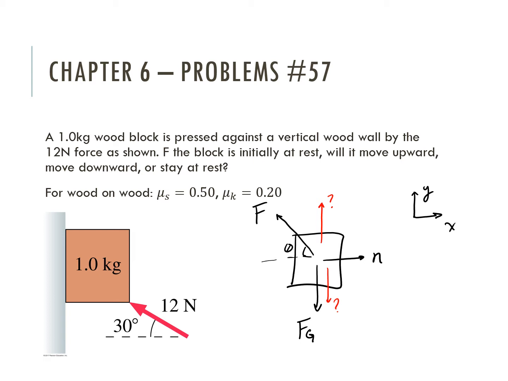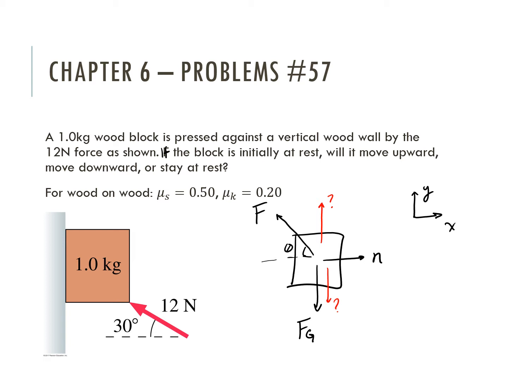So this question is kind of, but not really, similar to the last one. Here we are trying to figure out, if the box is initially at rest, are we going to move up, down, or stay at rest for this particular force?